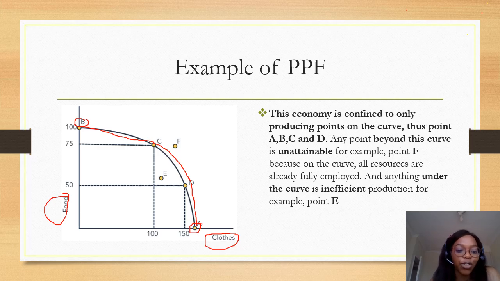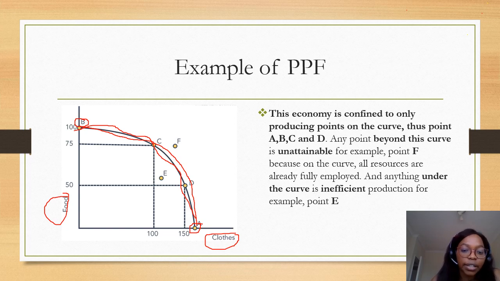Hence, it is part of the curve, and the curve is called the production possibility curve or production possibility frontier. So it shows you the production possibilities, even if these two, A and B, are a bit unrealistic. So what an economy will most probably do is produce at point C or point D, or anywhere on the curve.